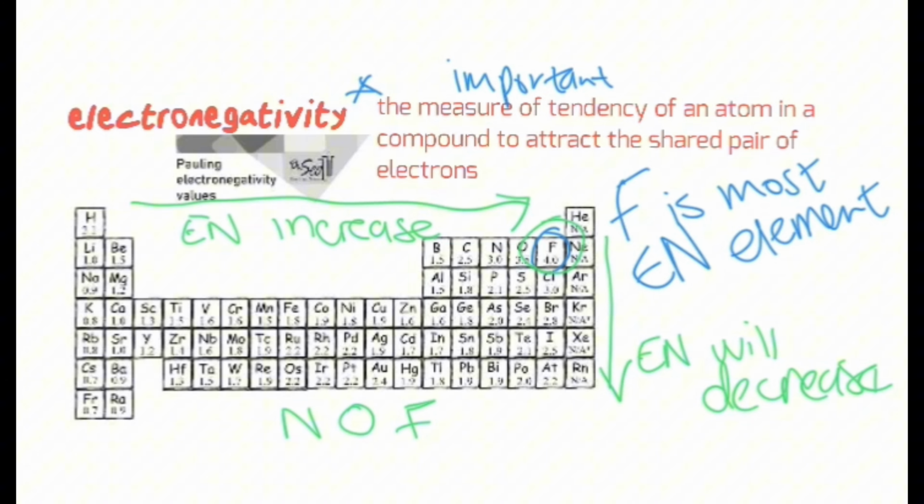There's an unequal sharing of electrons, but we'll discuss that in another video. Next up, we will be looking at Pauling's electronegativity values and how they determine bond polarity.